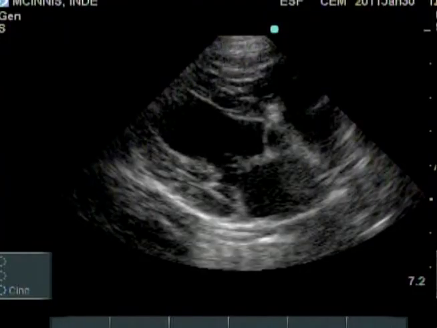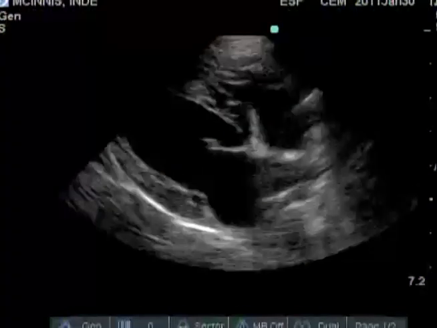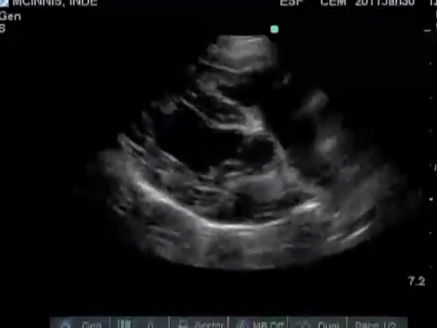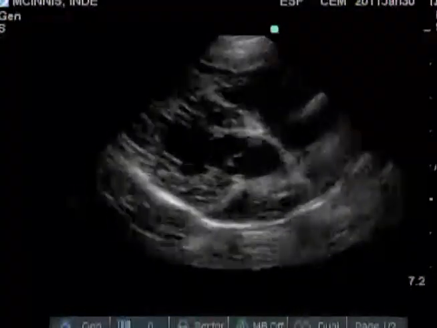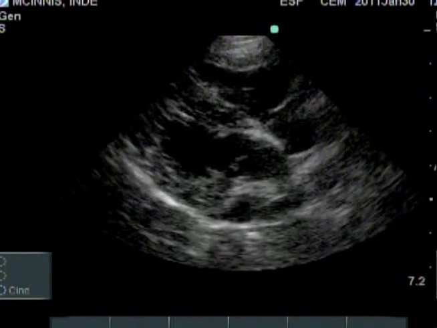the left ventricular outflow tract, the aortic valves, and the aorta.